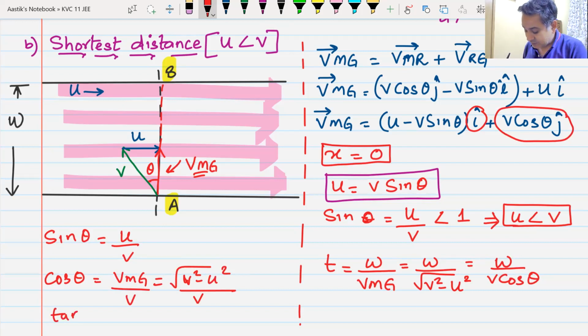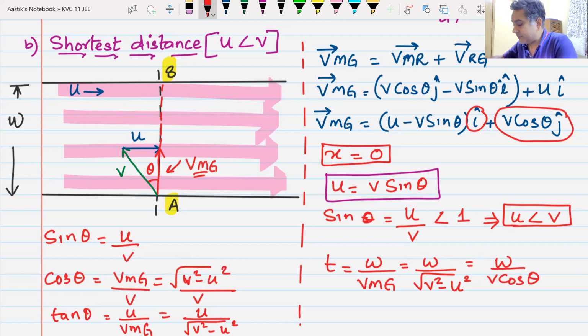Tan theta will be equal to U divided by VMG, that will be equal to U divided by root over V square minus U square. If you just remember this triangle, you should be able to find out all the possible answers here. Do we understand this?